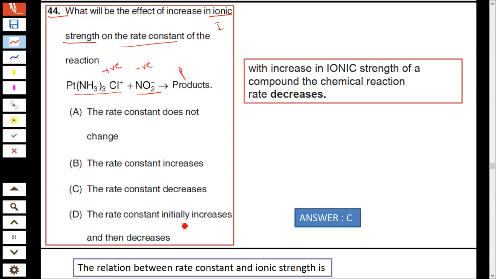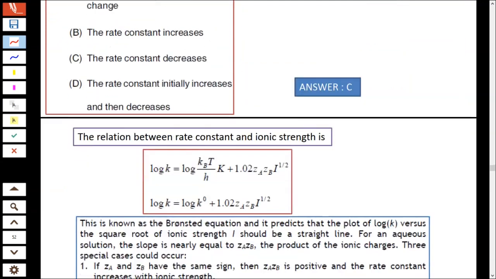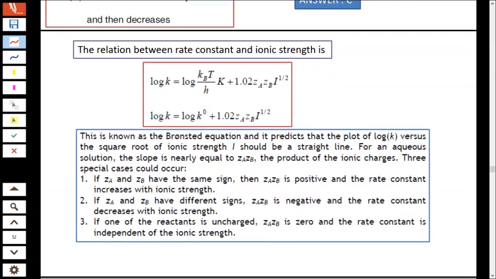The rate constant initially increases and then decreases. Which option is correct? Here you see it's the relation between rate constant and ionic strength. Here log K is equal to log K naught plus 1.02 into ZA ZB and square root of ionic strength.